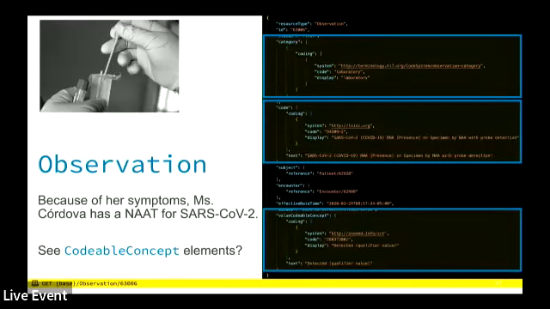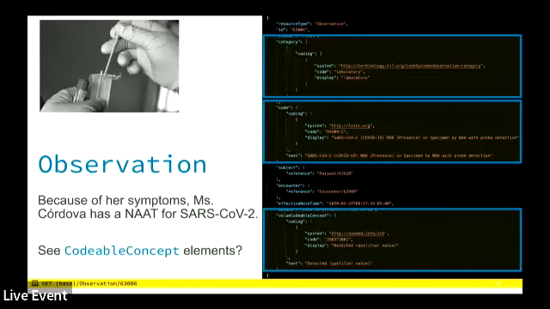So number one, we see that the category of test is identified as being a laboratory test using a coding system from HL7 that helps separate out lab tests from vital signs and other kinds of information that an observation might carry. And the actual code for the test itself is represented by a LOINC code, which is specific to the fact that this is a SARS-CoV-2 test looking at RNA that is done by NAT.